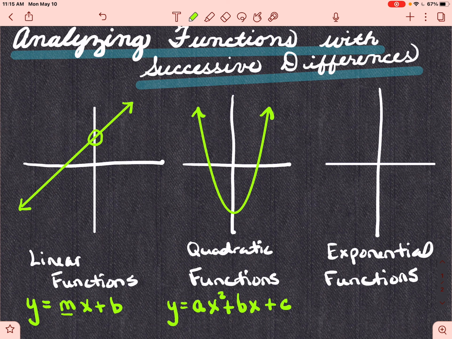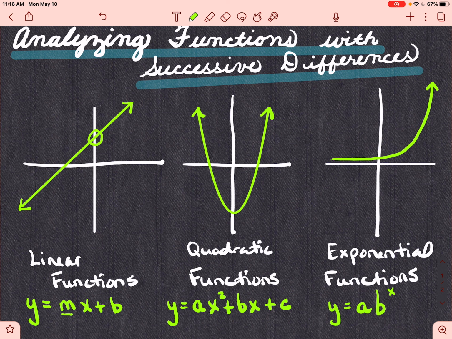And then exponential functions we haven't seen for just a little bit, but remember they start out low and then they grow and they climb steeply like that, and their equations look something like this. Y equals something, which is our starting amount, times b, which is our growth factor, to the x, where x is actually the exponent.